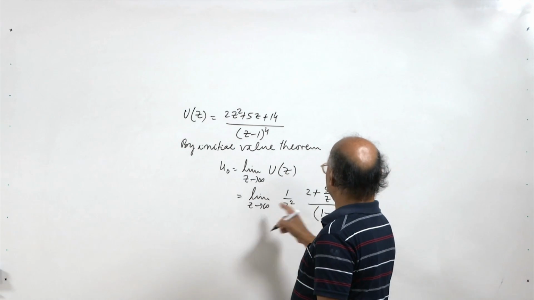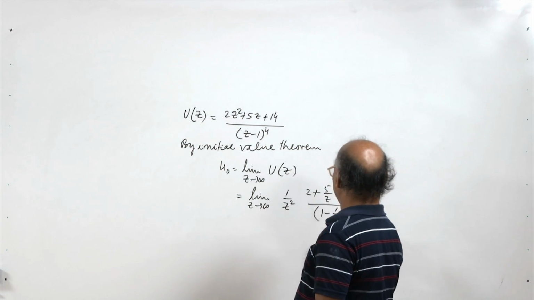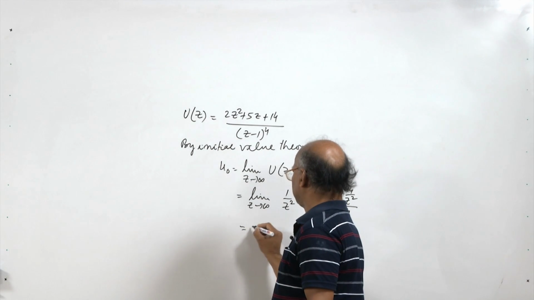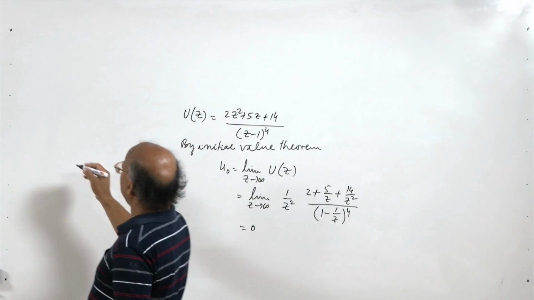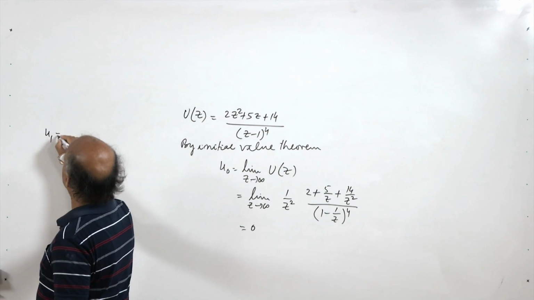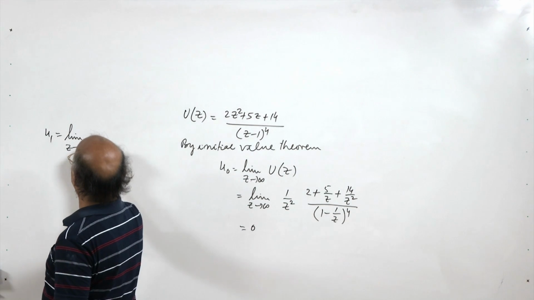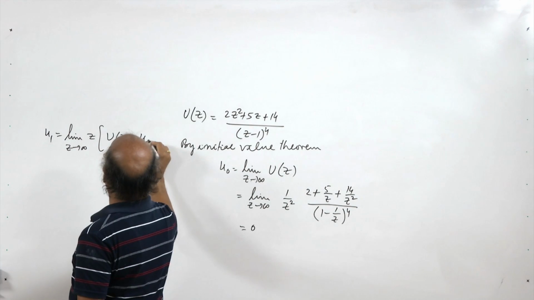Now, as z tends to infinity, this expression tends to 2, this tends to 1. So, this whole thing tends to 2 and this goes to 0. So, the limit is 0, and we get the value of u naught as 0. Let us now find the value of u1. u1 is equal to limit z tends to infinity of z times (Uz minus u naught).